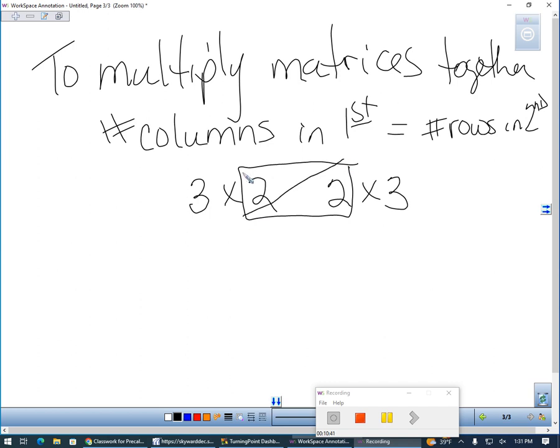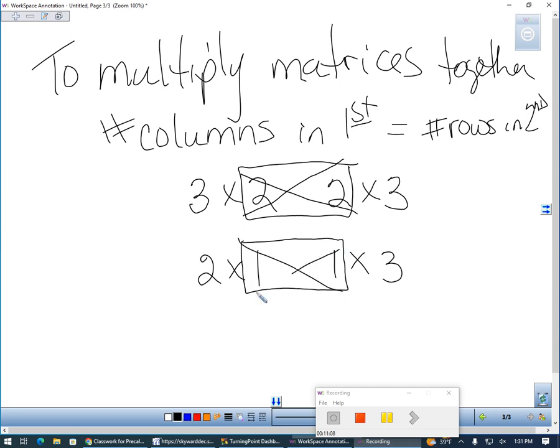These are going to cancel out, and our answer is going to be a 3 by 3. If maybe the first one is a 2 by 1, so 2 rows by 1 column, and the second one is a 1 by 3, again, you'll notice the columns of the first one are the same as the rows of the second one. Those will cancel, and when we multiply, we're going to get a 2 by 3.